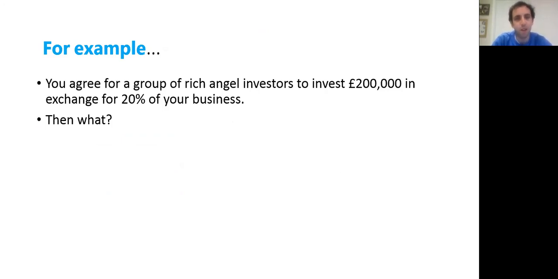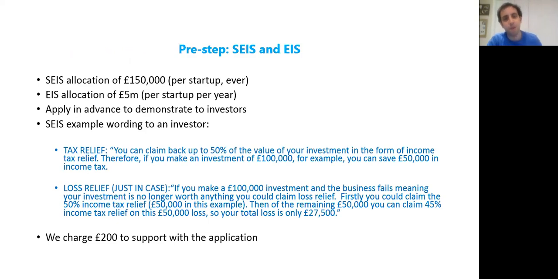The first thing is maybe a pre-step. Ideally you can do this before you have formal investment lined up, and this should apply to most businesses and most of you in here. You should be applying for SEIS and EIS advanced assurance. This is a tax relief from the government.